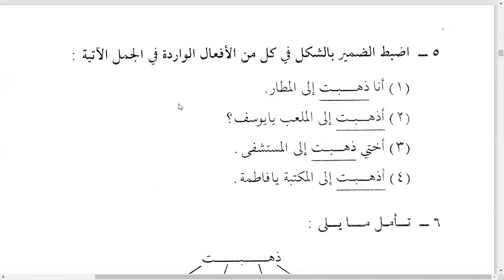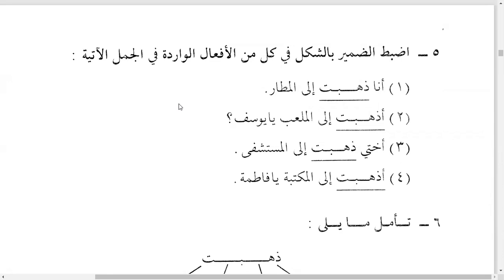Dhahabta ila al-mal'ab ya Yusuf. Okay, so why dhahabta? Yusuf is masculine. And Yusuf is second person from ya Yusufu. Yeah, the person that you're talking to, mukhatab. So that's why it is always used for mukhatab. Dhahabta ila al-mal'ab ya Yusuf.